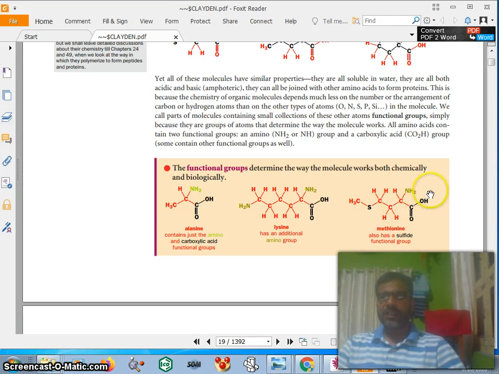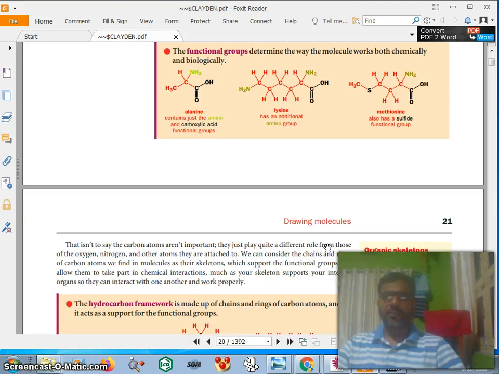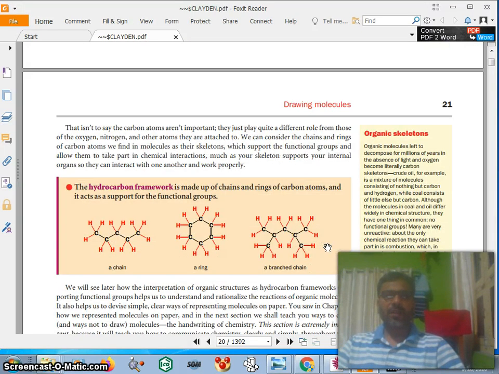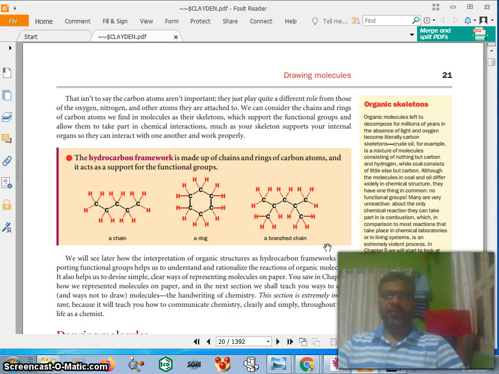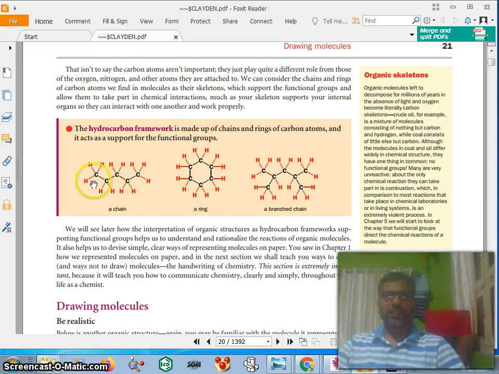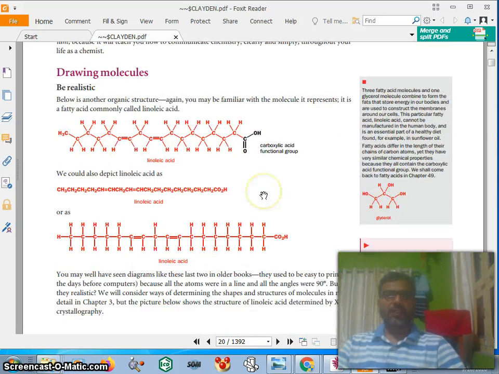This is sulfide. Apart from that, the COOH group is also there and amino groups. The hydrocarbon framework is made up of chains and rings of carbon atoms, and it acts as support for the functional groups. You see, this is a chain, this is the ring, this is the branched. You see, branch.